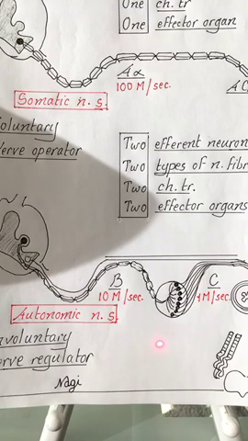This is because the preganglionic autonomic fibers are usually longer than the postganglionic nerve fibers, especially in case of parasympathetic nervous system, where the ganglia are located at the organ. So from the central nervous system to the organ, it's preganglionic and a very short postganglionic. What a perfect, smart design.